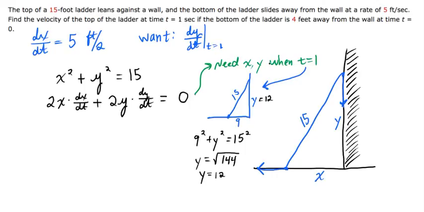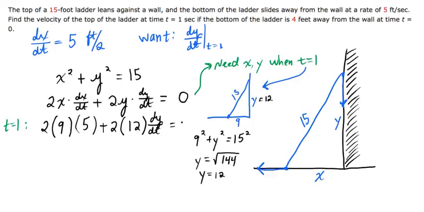Okay, so now I'm going to plug in everything that we know over here and solve for the unknown. So we have 2 times x, which at the moment when t is 1 is 9, as we just found. dx/dt is positive 5. Plus 2 times y, which is 12, times dy/dt, which is what we are solving for. So that equals 0. So let's see, we have 40 times 2, so my first term is 80, plus 24 dy/dt equals 0.